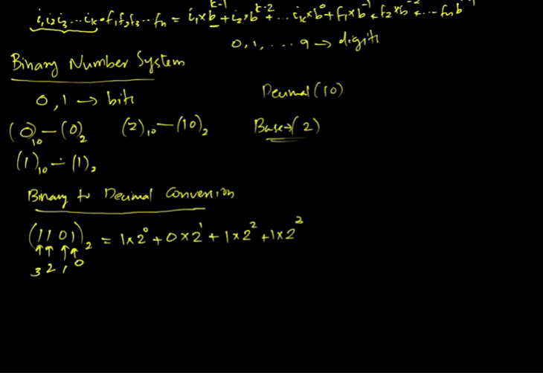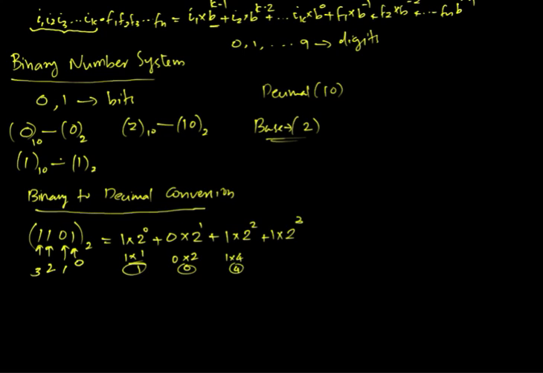Now if we do this calculation, you know that 2 raised to 0 is 1. So 1 into 1 is 1. Now here 2 raised to 1 is 2, and 2 into 0 is 0. Now here 1 into 2 raised to 2 is 4.